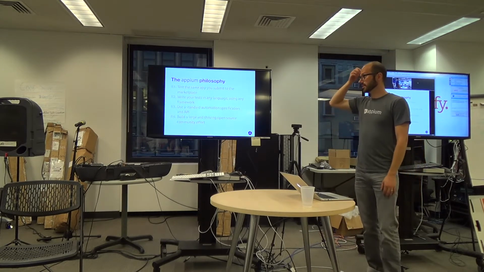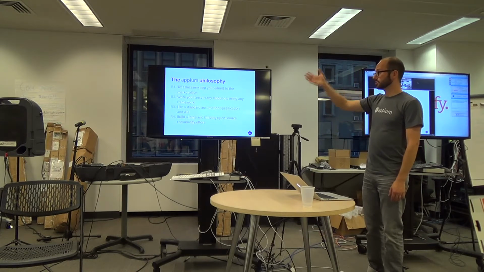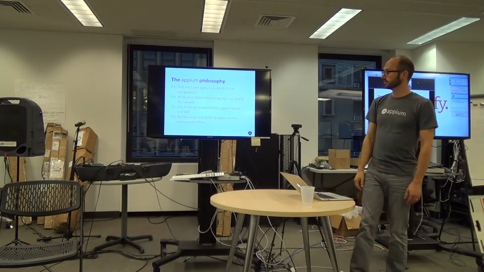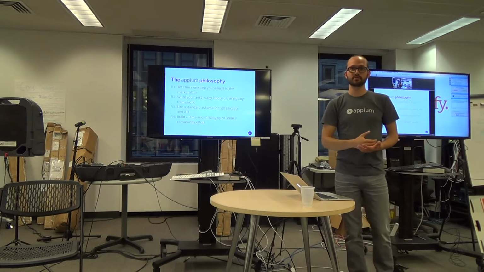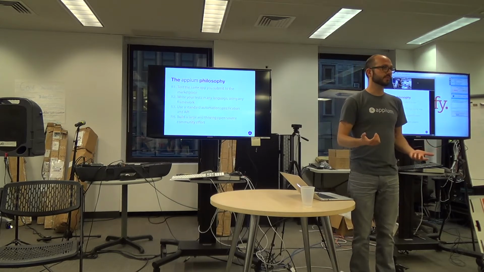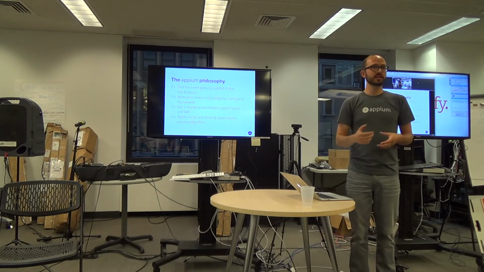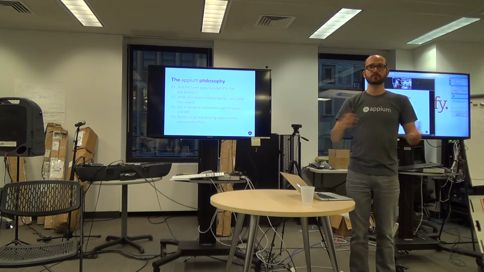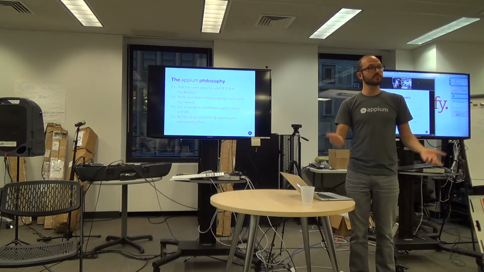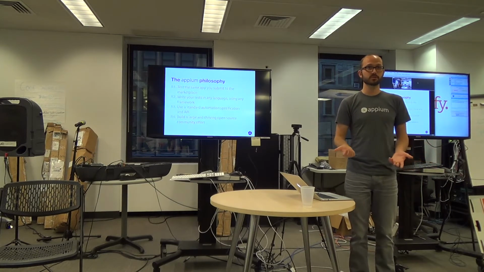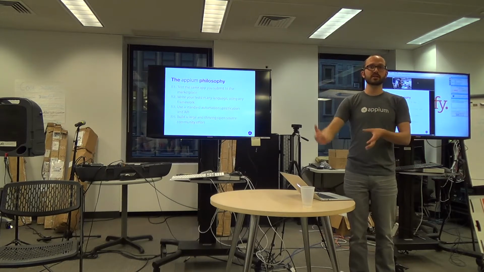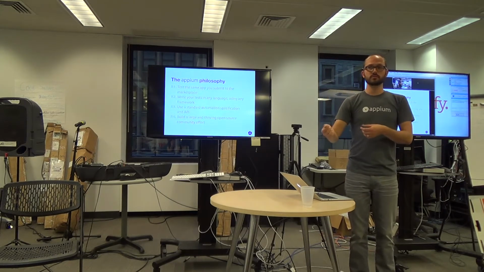So, just briefly, the rules are that, firstly, you should be testing the same app that you're selling to your users. You shouldn't be building in a third-party library just for the purpose of testing your app, which is the way a lot of mobile automation projects work. They ask you to compile something into your app that gives their framework the ability to plug into those automation hooks and do stuff.